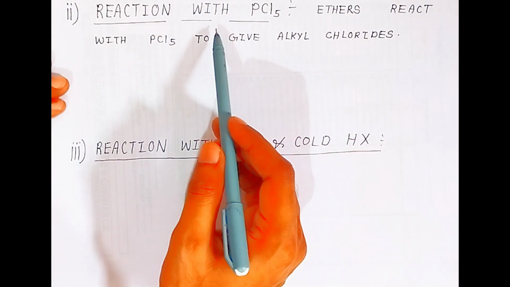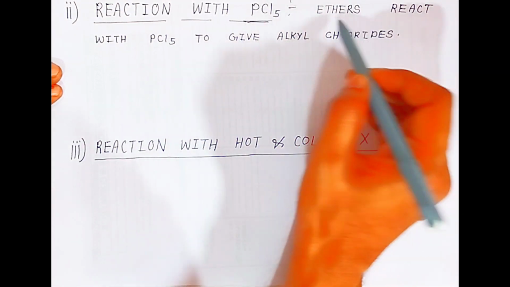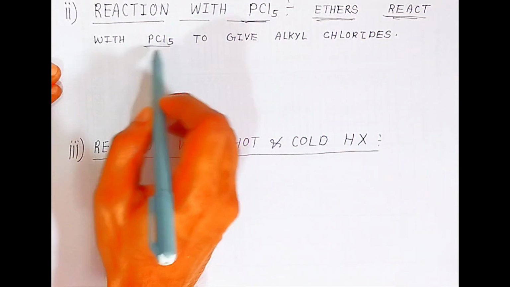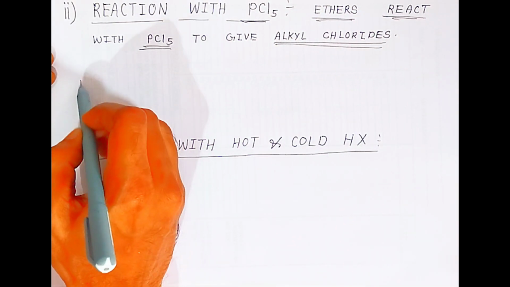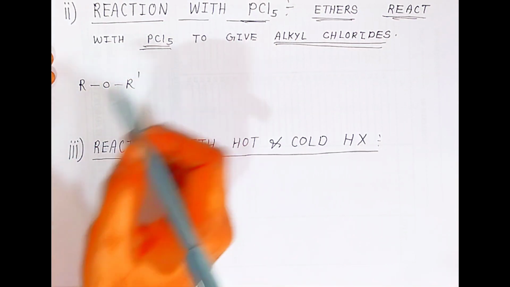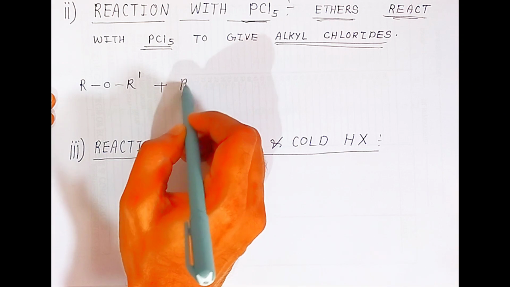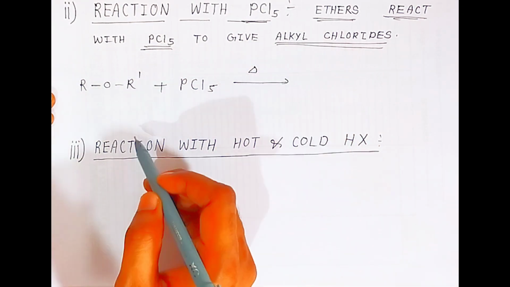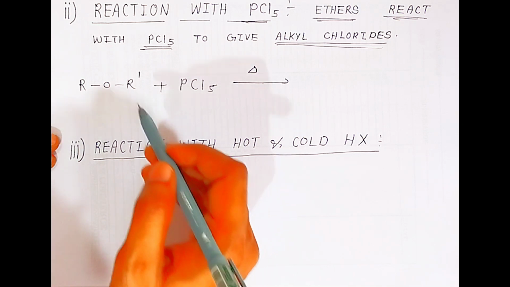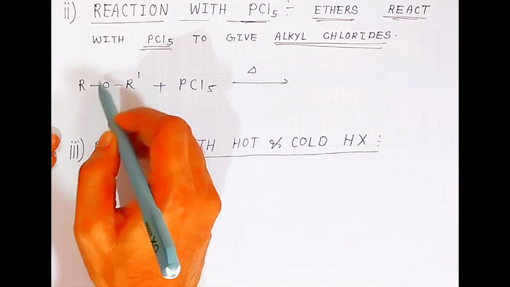A reaction of ether with phosphorus pentachloride. Ether reacts with phosphorus pentachloride to give alkyl chlorides. Okay students, here I have taken mixed ether. When it reacts with phosphorus pentachloride, PCl5, and you just heat it, you will find there is breaking of the carbon oxygen bond here.